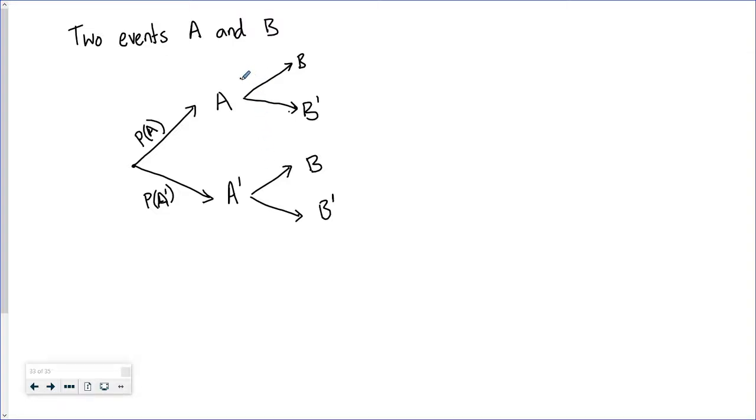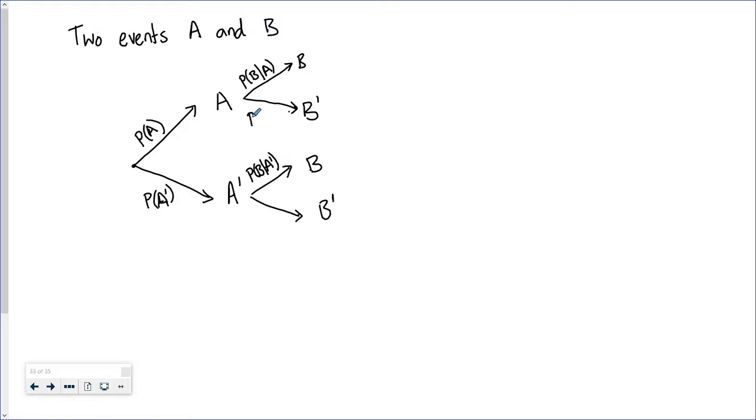So really what we need to put here is the probability that B happens, given that we've gone down this A branch, given that we know A has happened. Similarly, this branch is going to be the probability that B happens, given that we know that A hasn't happened.